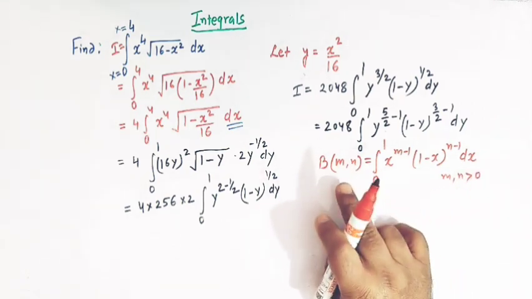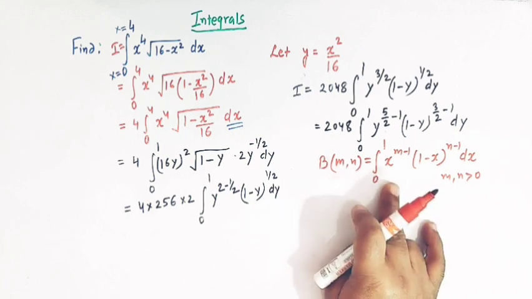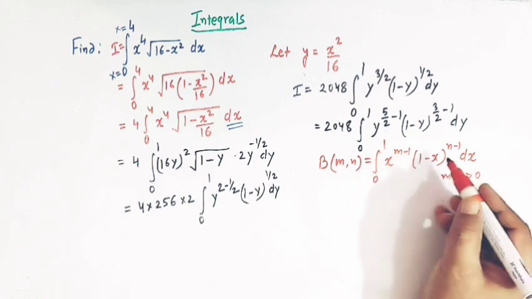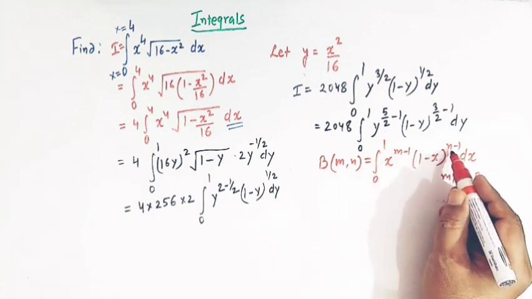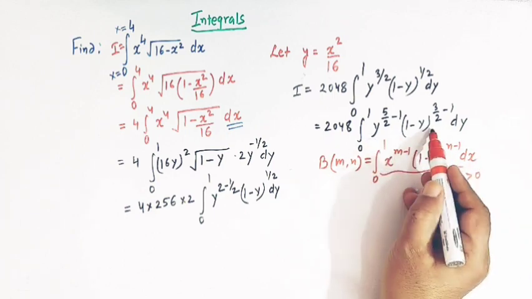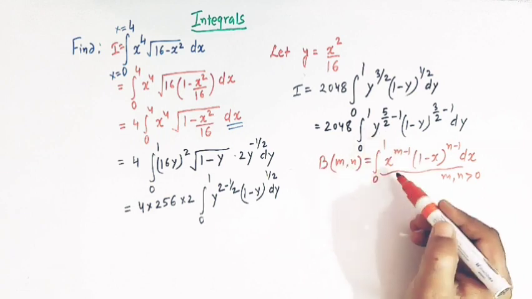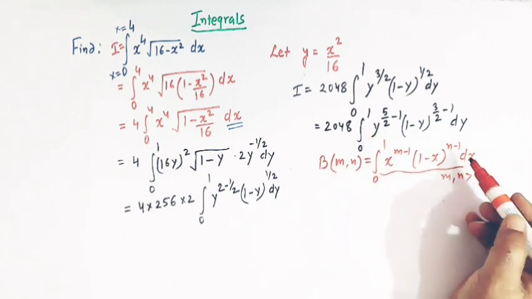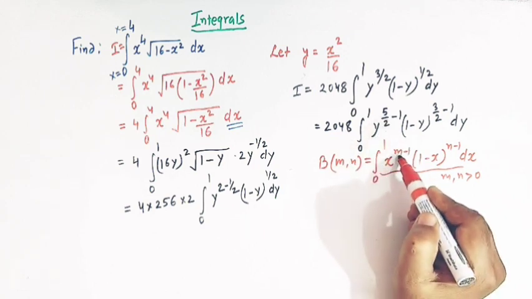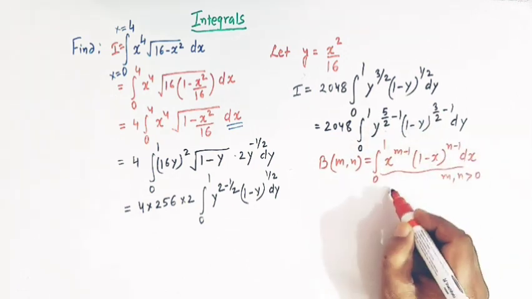So the Euler's first integral is defined like this: the beta mn is 0 to 1 x raised to m minus 1, and 1 minus x raised to n minus 1. So if we compare this integral with this one, then we can see that the variable is y here, the variable is x here, and it is not going to change it. And here m is 5 by 2 and n is 3 by 2, right?